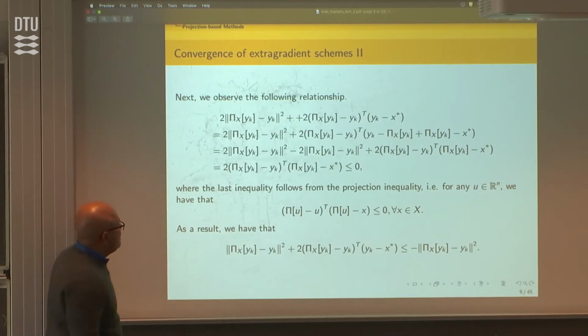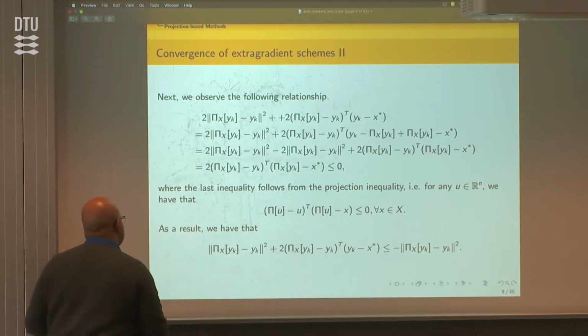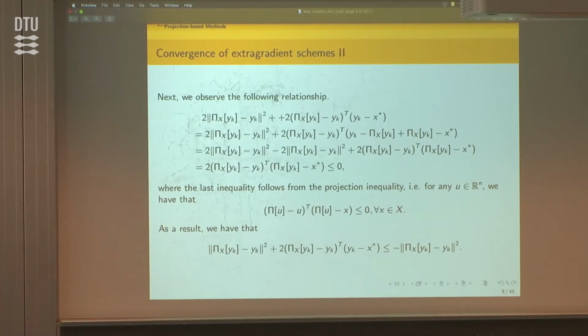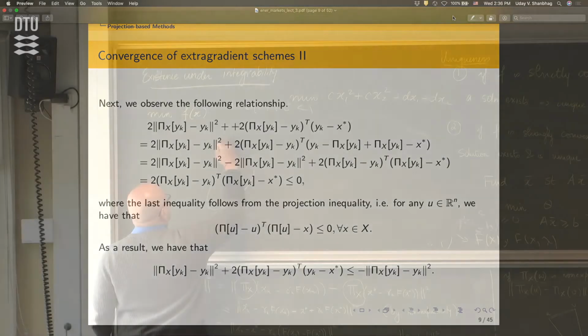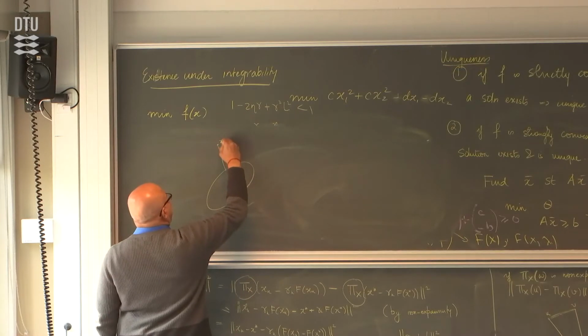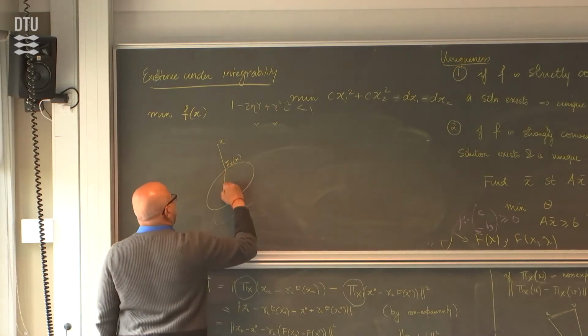Now, the last inequality follows from the projection inequality. Remember we did this two lectures ago where we said that if you're projecting a vector onto a set, so this is x, this is projection of x, and this is y.